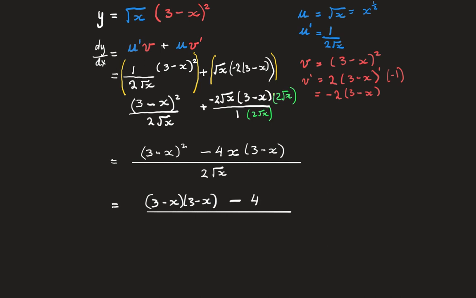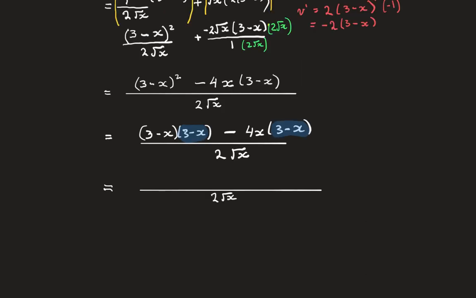Then we have minus 4x(3 minus x), and everything in the denominator is all right. You might notice that we have 3 minus x in here, and you also have a 3 minus x in here. So if I took the 3 minus x out and left everything else inside, (3 minus x) minus 4x, then I'm already nearly there.